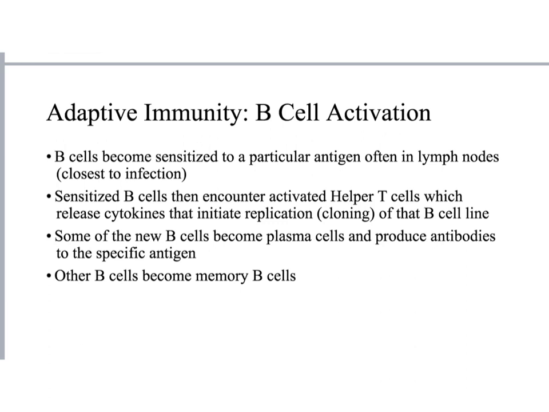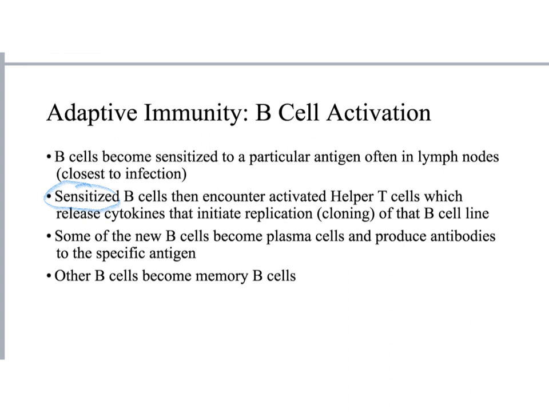Okay, I wanted to talk a little bit just about this activation of B cells, because we talked about the activation of T cells. So B cells, as I mentioned with a lot of the T cells, are typically in the lymph node, and they're in the lymph node closest to the site of infection. And so once they are presented with a foreign antigen, they become what we call sensitized. So that's step one, is to be sensitized.